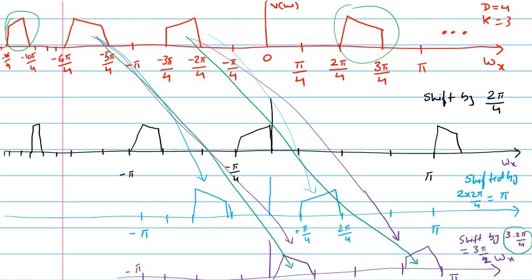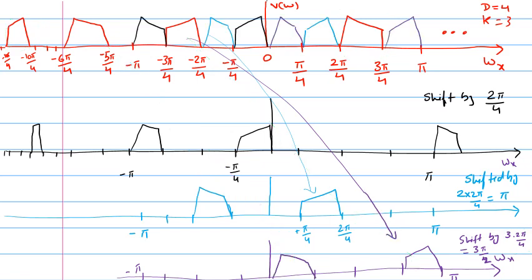So finally, you got the three shifts. The red one is the original one, the black one is the first shift, the light blue is the second shift, and this one is the last shift. Now I will add all these spectrums.